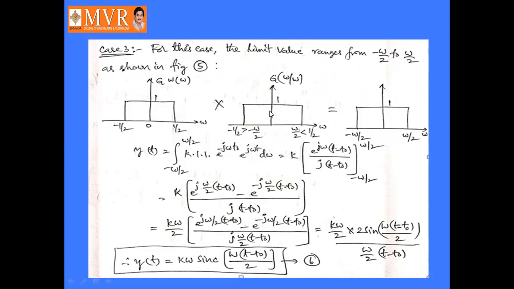It is equal to k into e power j omega into t minus t naught by j into t minus t naught, with limits omega by 2 to minus omega by 2. By simplifying this, we get y of t equal to k omega into sinc of omega into t minus t naught by 2. This is equation number 6.